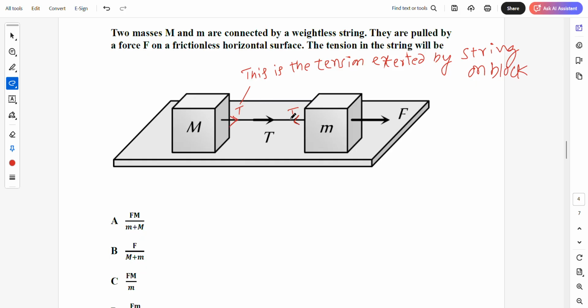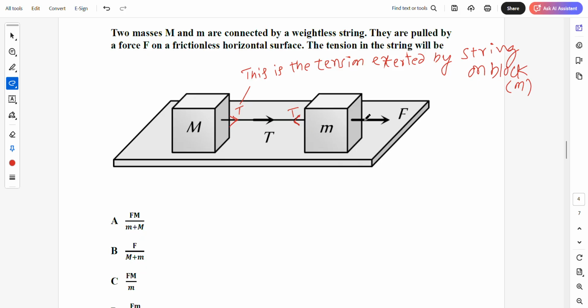This is T, and this is also T. This is on block M. This is the tension exerted by the string on block small m. And this is F. F is here.